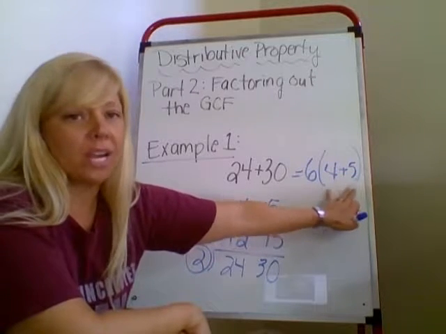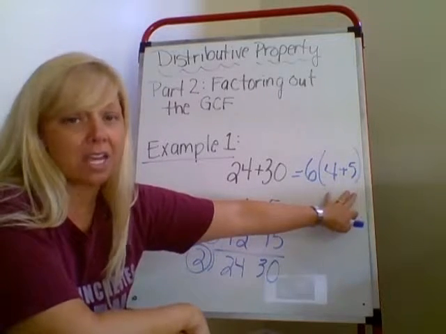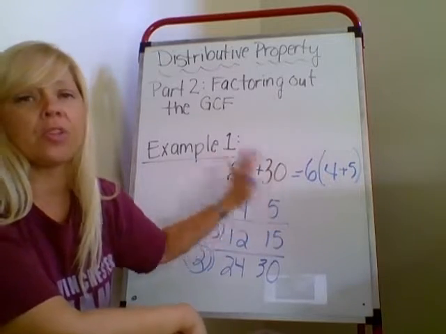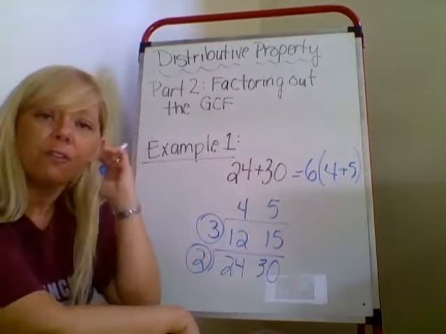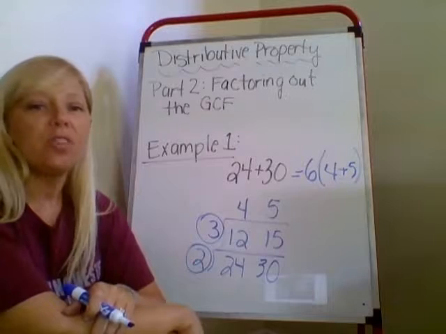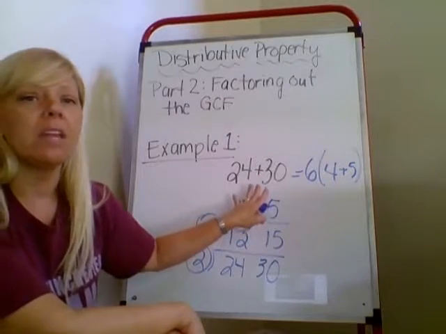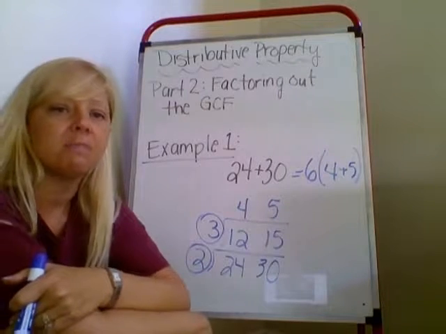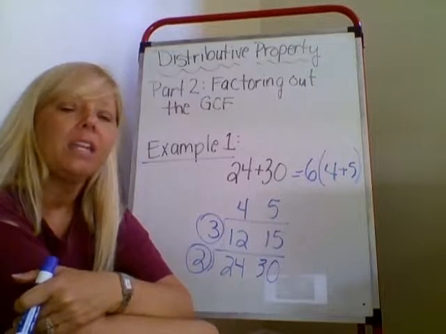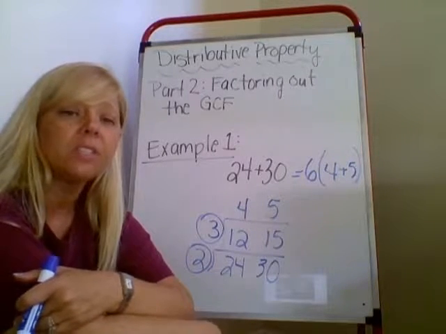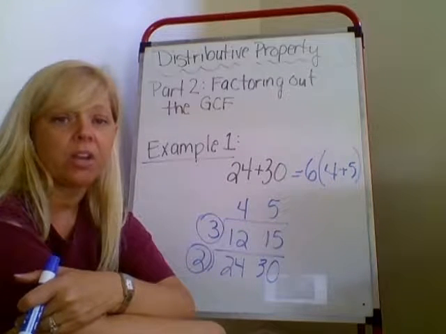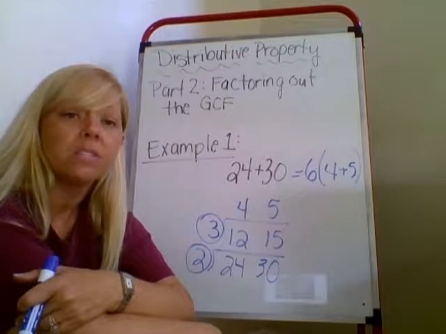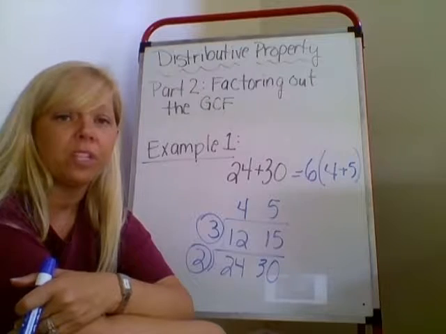If I write 4 and 5 out 6 times, I'm going to have 24 and 30, which gives me 54. So this is just a way to make an equivalent expression. It is not meant to confuse you. It is not meant to make things harder. It is just another way to look at numbers and how they are related to one another, and how I can write them in different forms and still make them equivalent.